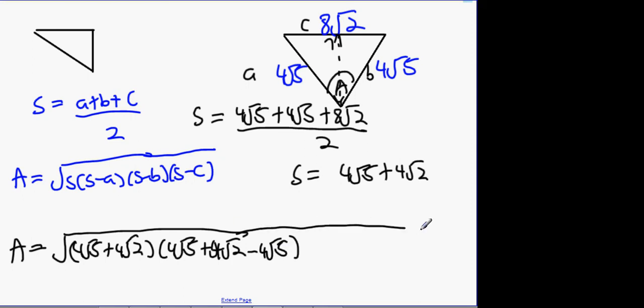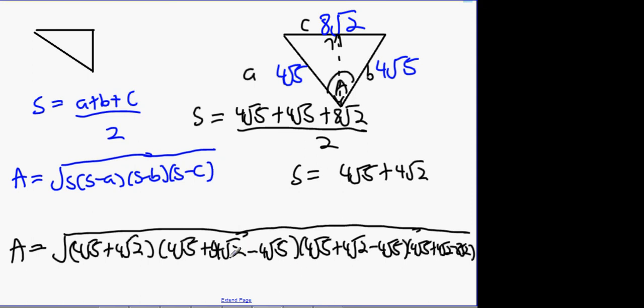The same thing again: 4 root 5 plus 4 root 2 minus 4 root 5. Same thing again, and then finally 4 root 5 plus 4 root 2 minus 8 root 2. Close bracket. Can anybody do that in the calculator?